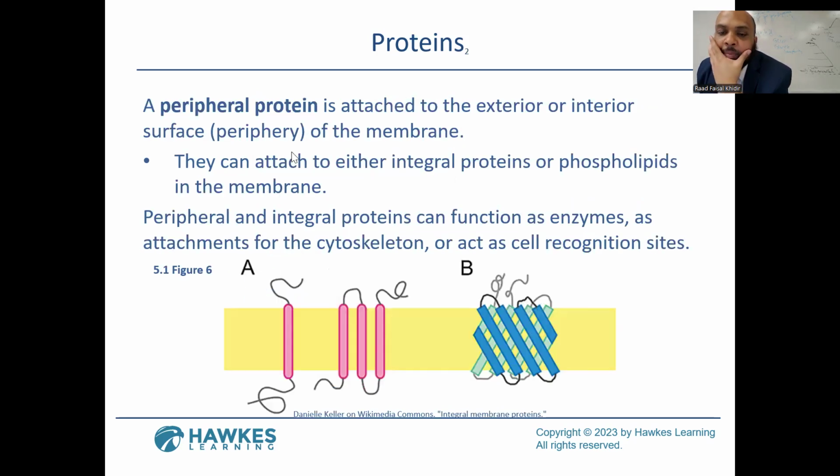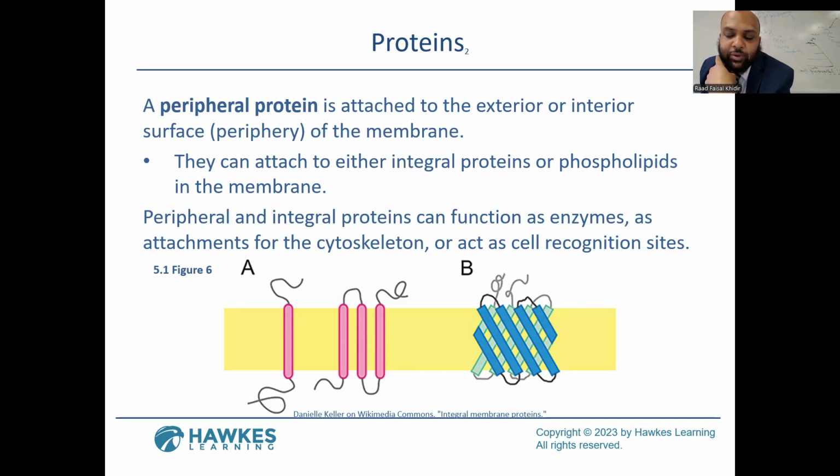A peripheral protein is attached to the exterior or interior surface, the periphery of the membrane, so they can attach to either integral proteins or phospholipids in the membrane.